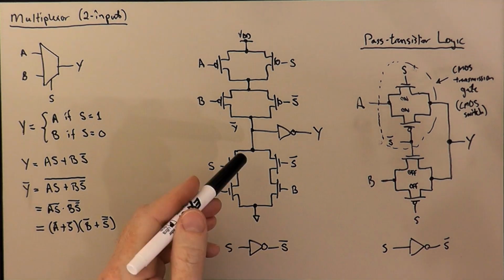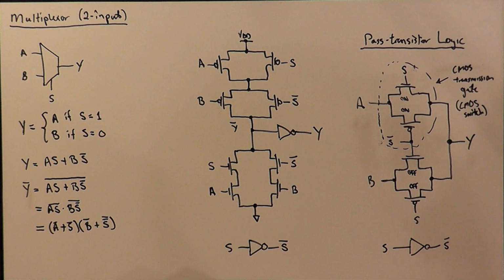You can also make trees of these, but the transistor count here is actually only 6, so it's like half of this one. So I wanted to show that to you, and we'll call that the last little bit of CMOS logic that we do systematically in the class.